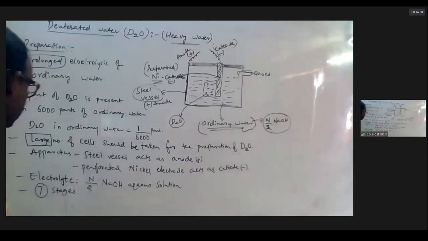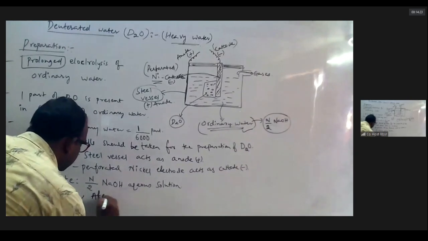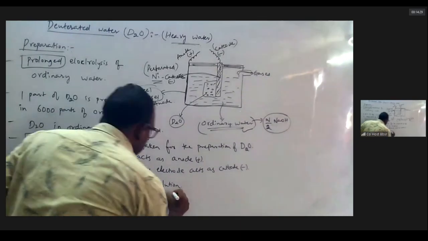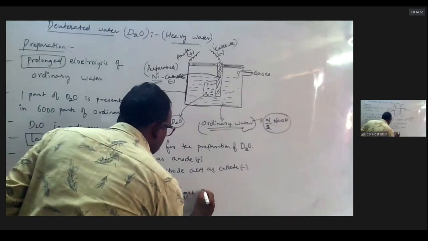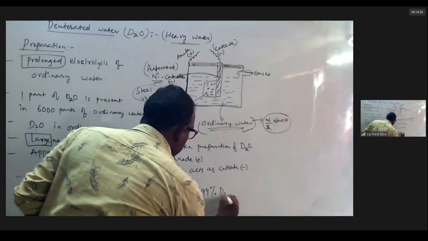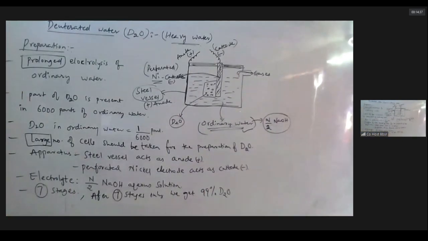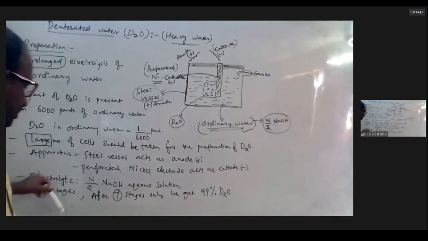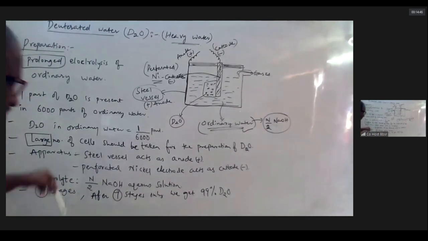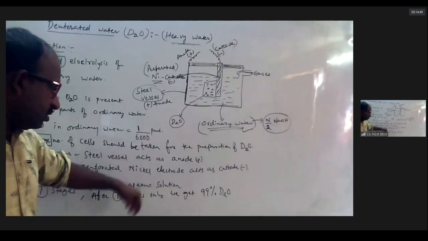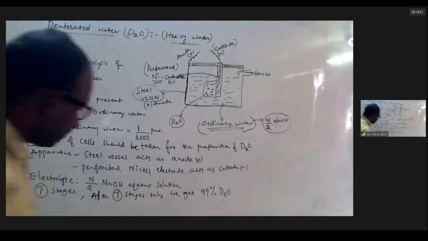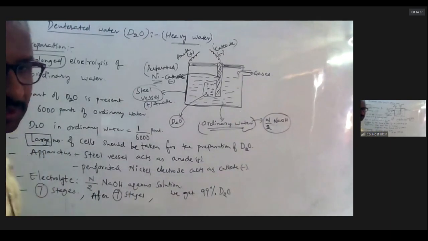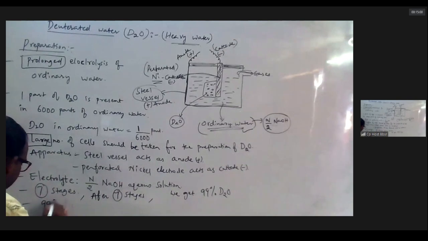Only after 7 stages of electrolysis do we get 99% D2O.